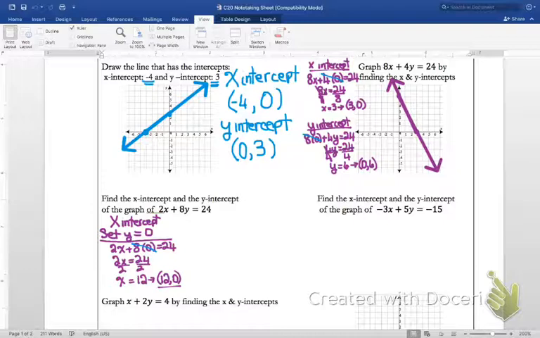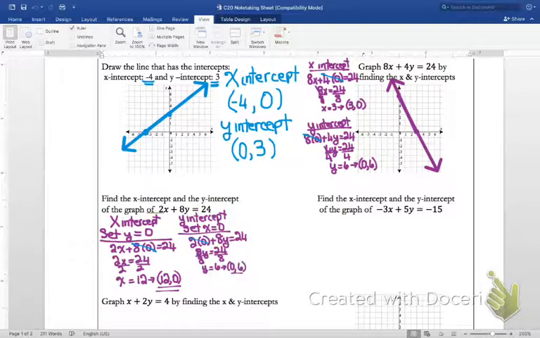Now to find my y-intercept, write this down. You're going to set x equal to 0. To find your y-intercept, you are going to set x equal to 0. So I'm going to take my equation. I'm going to write down 2. I'm going to throw my x away. I'm going to put 0 in its place. I'm going to write down the rest of my equation and solve it.